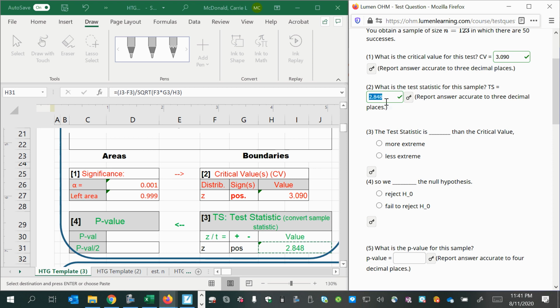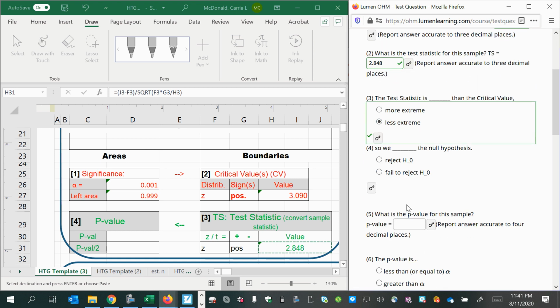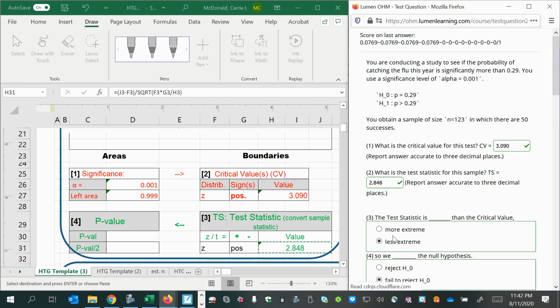So we would say the test statistic is less extreme than the critical value. And being that it's less extreme, it's not significant. It's not far enough into the tail. It didn't fall into the red rejection region. So we will fail to reject the null hypothesis.